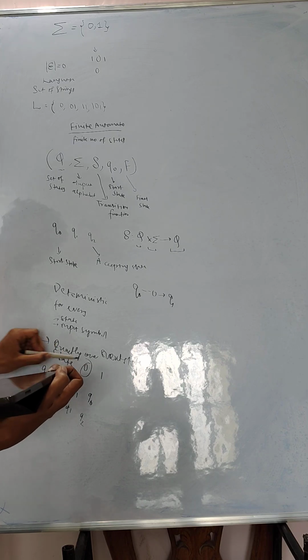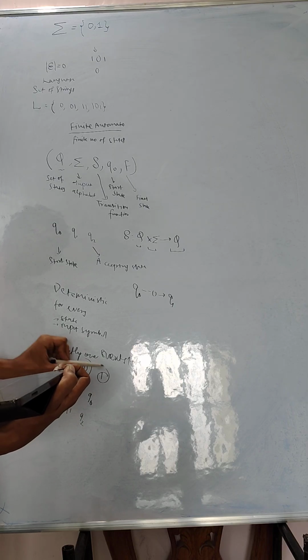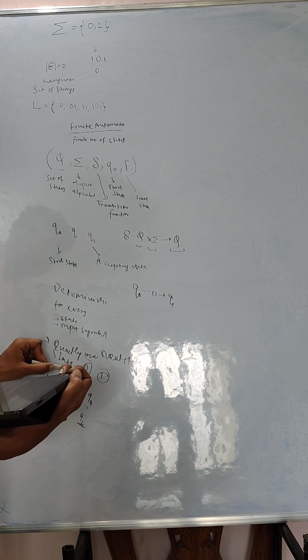When input is 0, Q0 goes to Q1, and when input is 1, it goes to Q0. For Q1, when input is 0, it goes to Q1, and when input is 1, it goes to Q2. You can understand this.